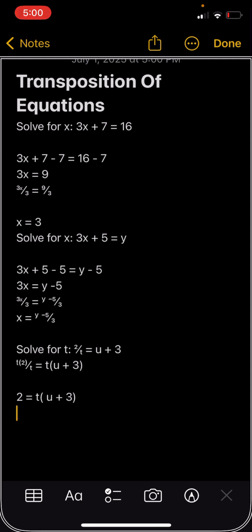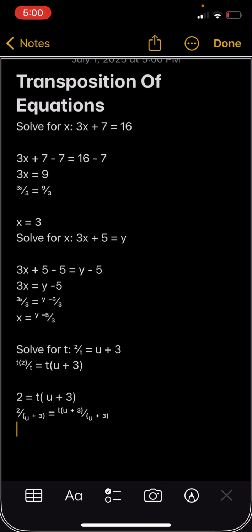t is what we want to make the subject of the formula, but right now it is being multiplied by u plus 3. So again, we have to undo that by dividing both sides by u plus 3. So we would get, notice, on the left side, 2 over u plus 3, and that is equal to t times u plus 3 divided by u plus 3.